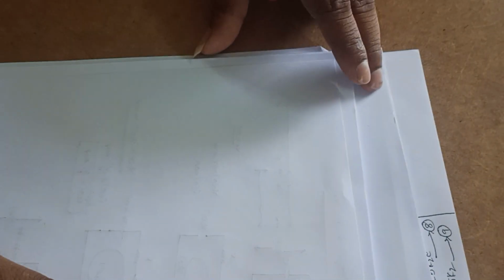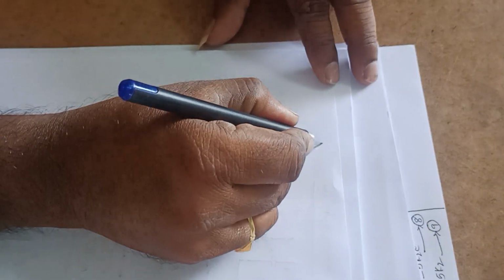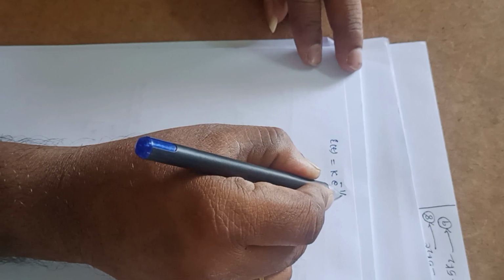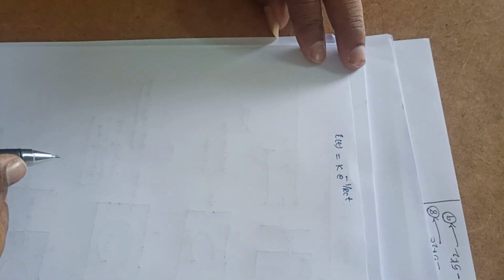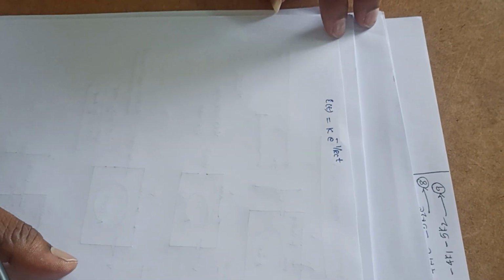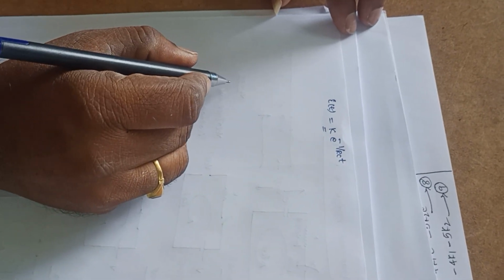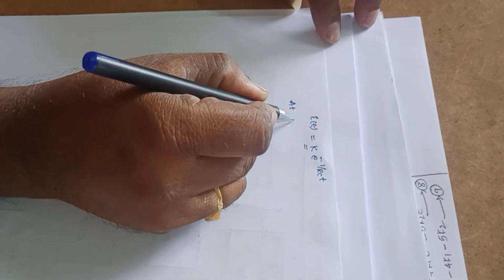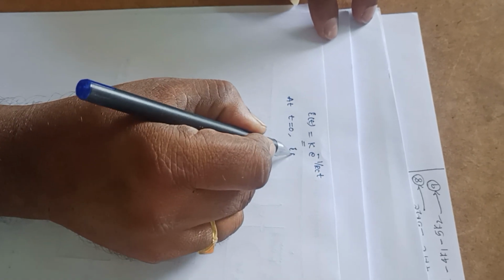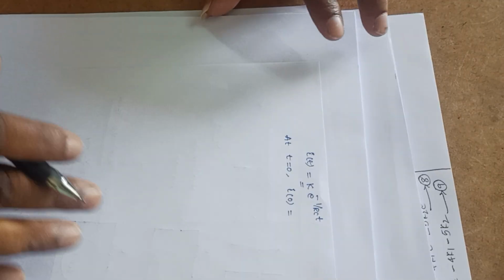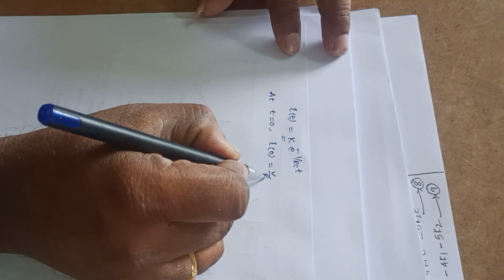So the value of current I of t, we just calculated as I of t is equal to k into e power minus 1 by RC into t. I need to find the value of this K. So in this circuit, at t is equal to 0, the value of current I of 0, we already calculated, I of 0 is V by R. So I am going to substitute this value here at t is equal to 0.